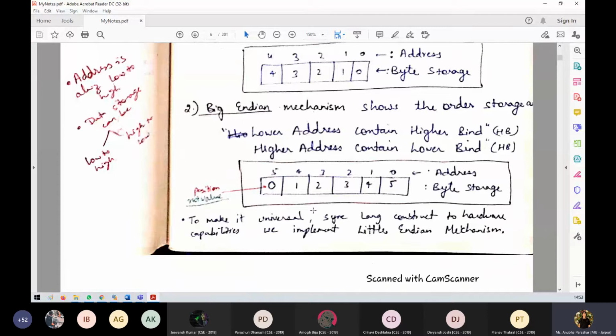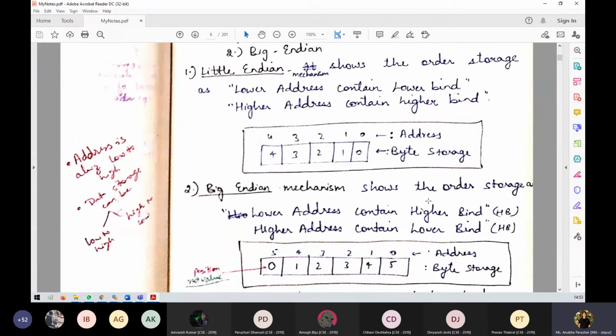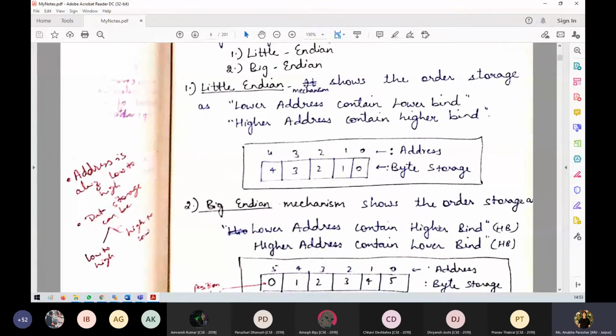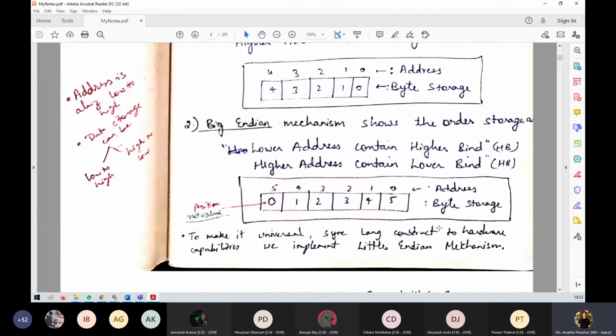By universal convention, embedded microprocessors use the little endian mechanism. So if you get any question in the exam and it is not mentioned which endianness technique is opted, then you always consider the little endian mechanism. That means the lower address will be stored in the lower byte.